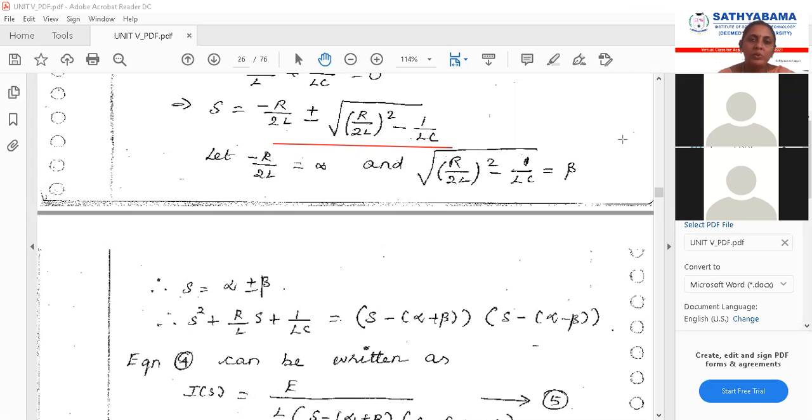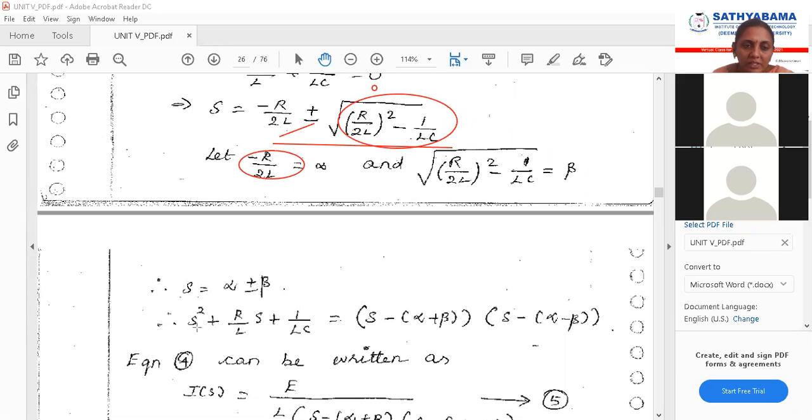As the expression is bigger, only for convenience, we are going to assume some variables. This minus R by 2L is assumed as alpha, and the square root of (R by 2L) the whole square minus 1 by LC is assumed as beta.